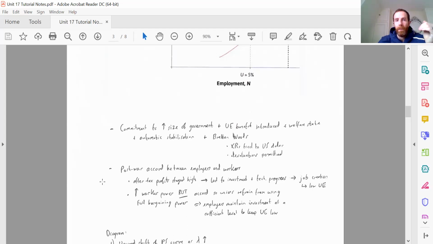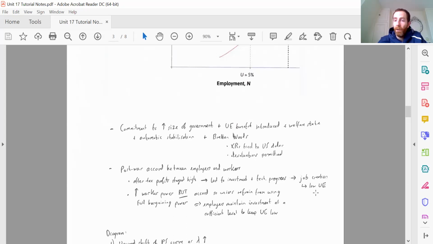Lots of people who served in the military had come back and gone to university, so there was a more educated workforce. What did this mean for firms? The higher productivity meant they could achieve higher after-tax profits, and that led them to invest more, which led to further technological progress and higher productivity, and even further job creation and overall lower levels of unemployment.